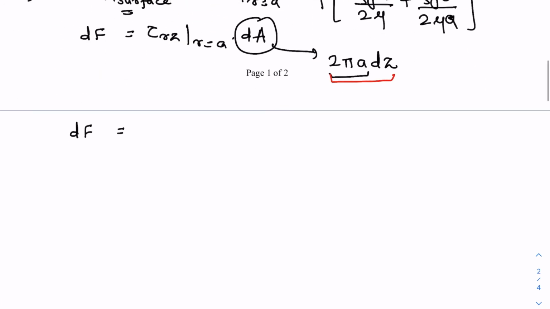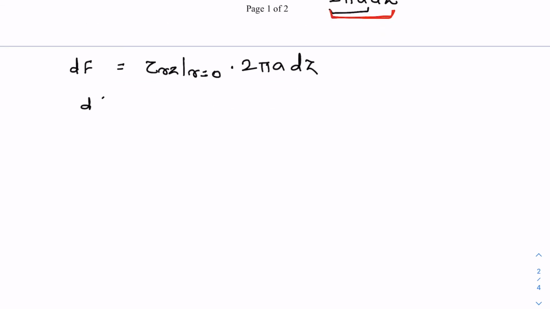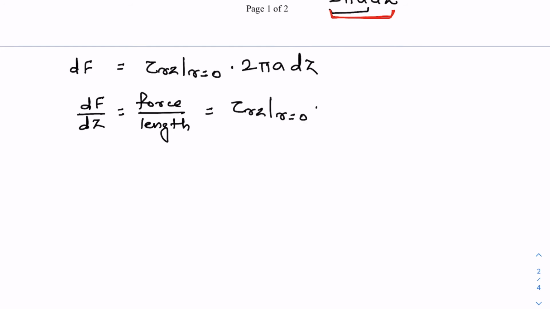So rewriting it again, dF is tau rz at r equal to a times 2 pi a dz. Dividing both sides by dz, we get dF by dz, which is force per unit length, equal to tau rz at r equal to a multiplied by 2 pi a.